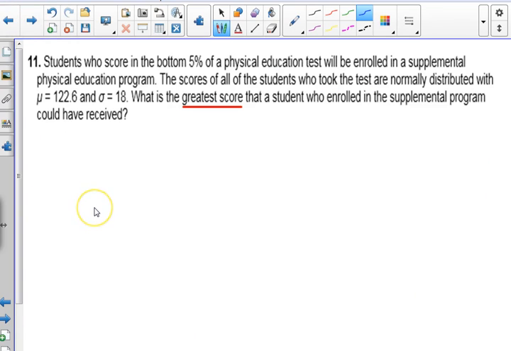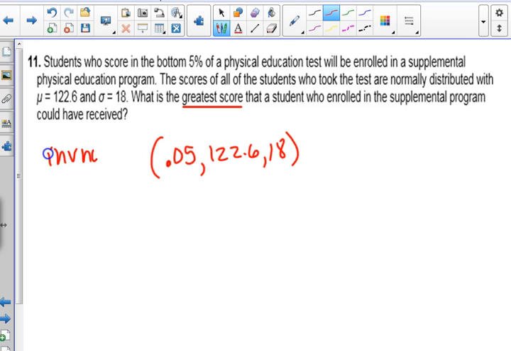All right. Students who score in the bottom 5%. So that's 0.05. With a mean of 122.6 and a standard deviation of 8. Guys, 18. Type this in real fast, guys. Somebody doing this for me?